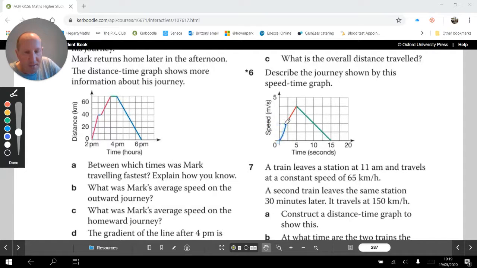And at that point, you do a constant acceleration until you get to a maximum speed of 4 meters per second. And from that point, after 5 seconds, you're slowing down until you come to rest, or 0 meters per second, in 15 seconds. So it's quite a precise explanation and description of the journey.